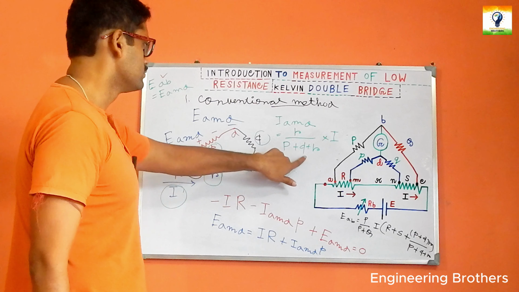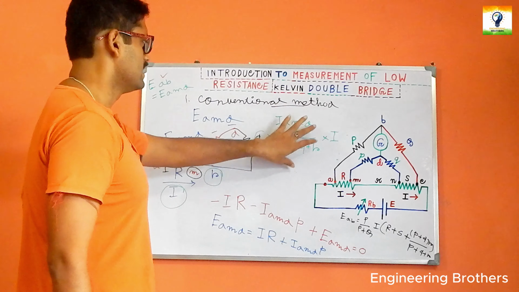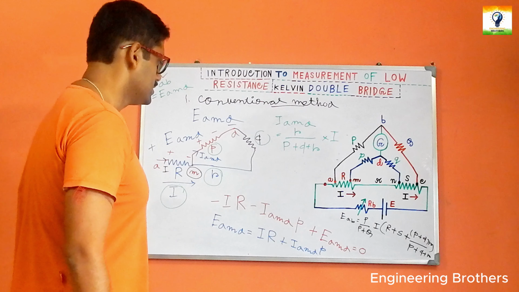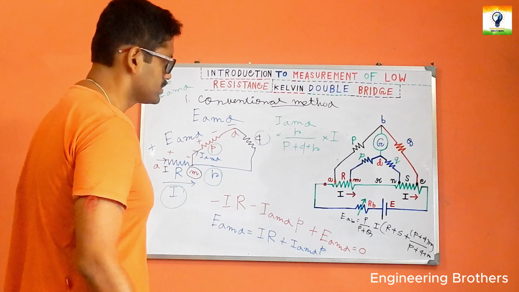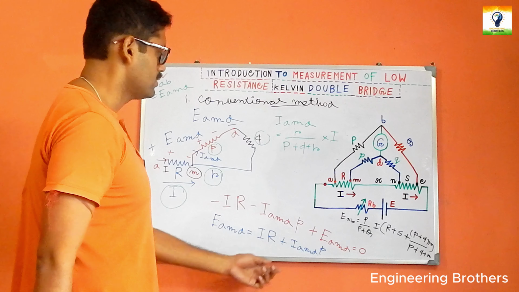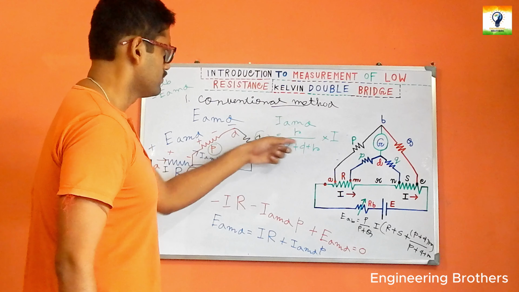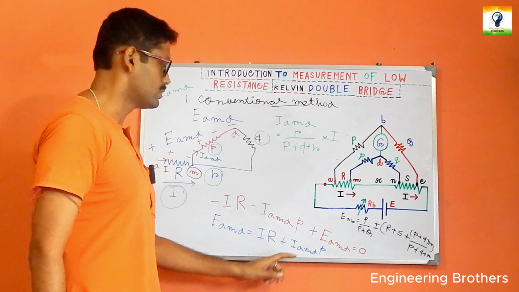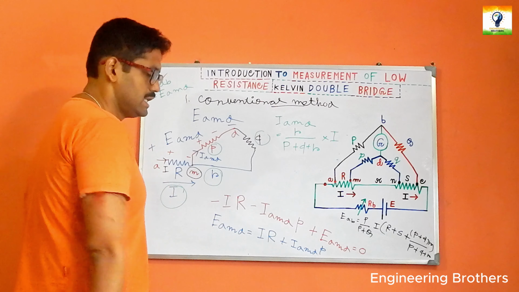By utilizing that expression we got this expression for IAMD. So the next step is quite naturally the simplest one. We need to put the expression for IAMD in this given expression, and finally we get the EAMD.